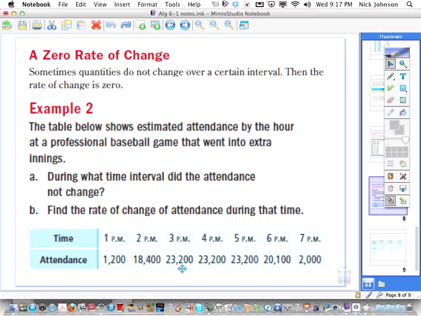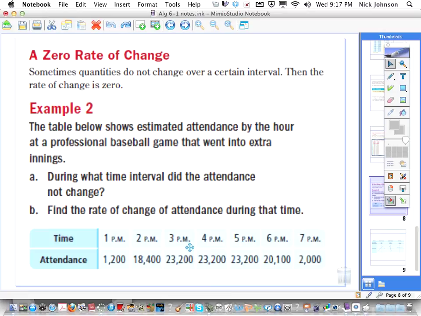The attendance grew. From 3 o'clock to 4 o'clock, if you notice, we still have the same population. So that did not change. If you look from 4 to 5, once again, attendance did not change. From 5 to 6, it did change. So we would say, during what interval did the attendance not change? We would say from 3 o'clock to 5 o'clock.